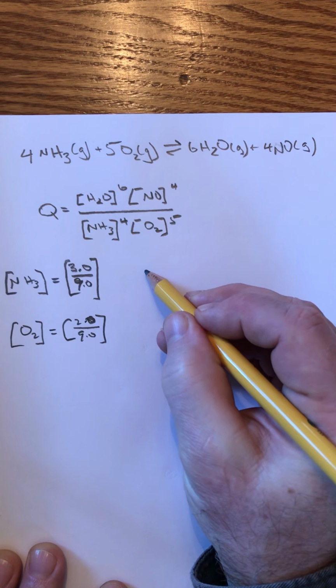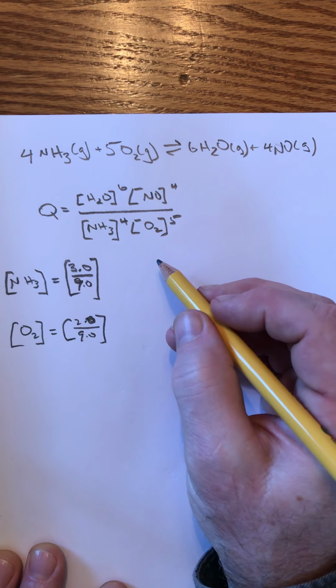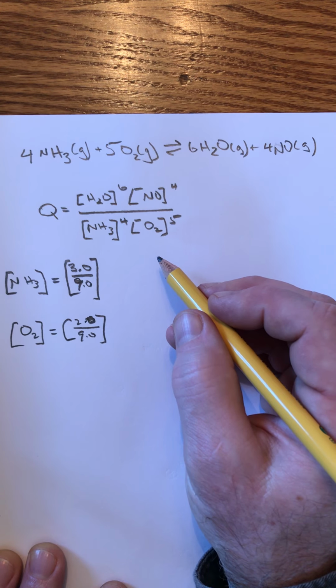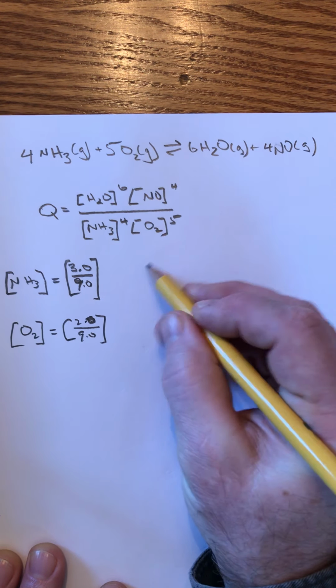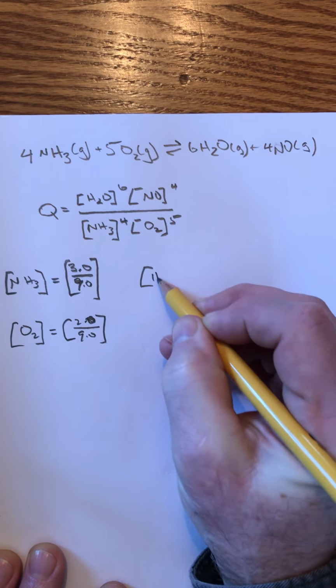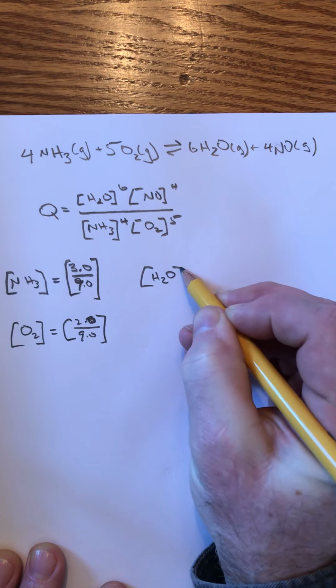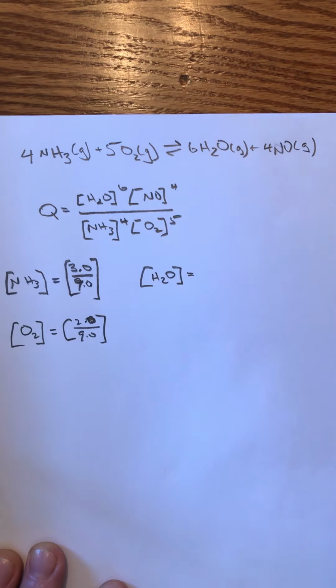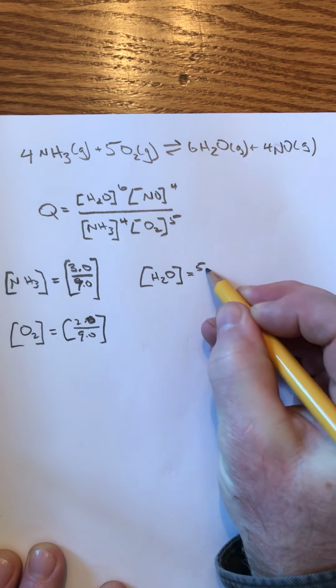And then the concentration for, what am I looking for? H2O. Is also going to be, let's see, they said H2O, we've got 5 moles of it, so it's 5 over 9.